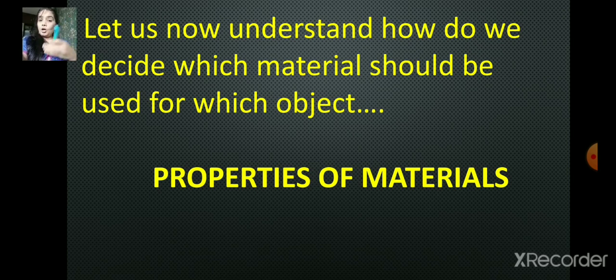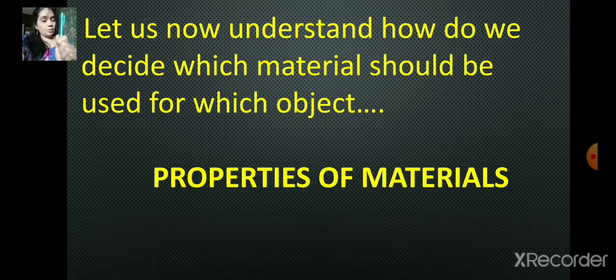We cannot make clothes out of plastic. So why? This is what we are going to learn now: the properties of materials. We should understand which material can be used to make which object.